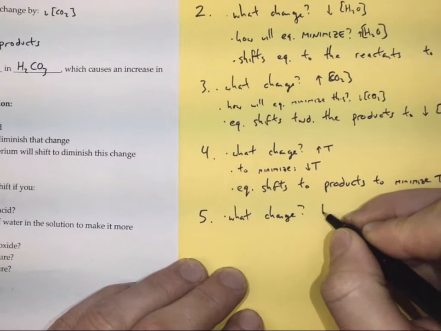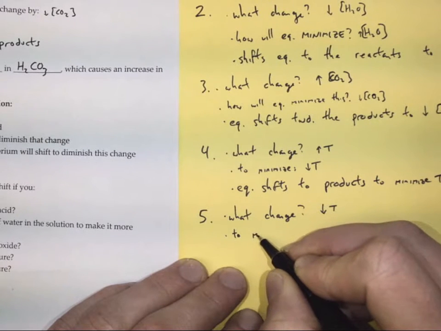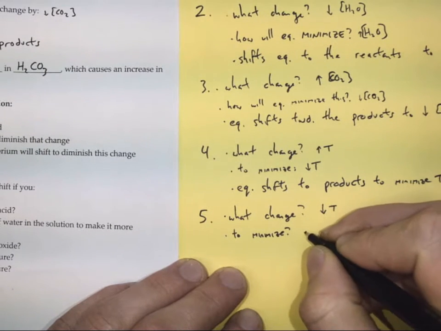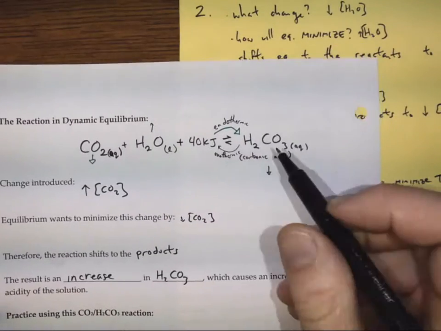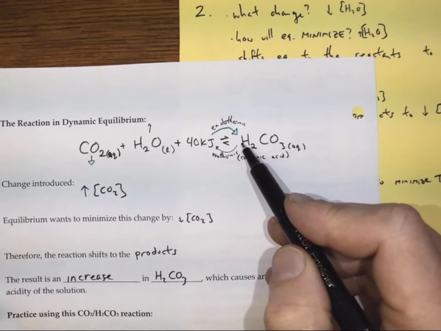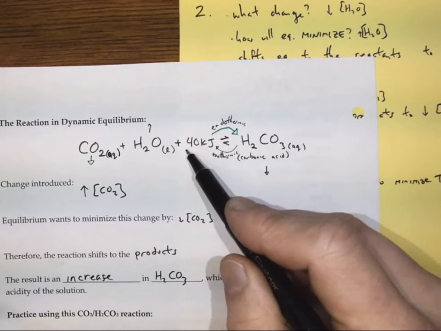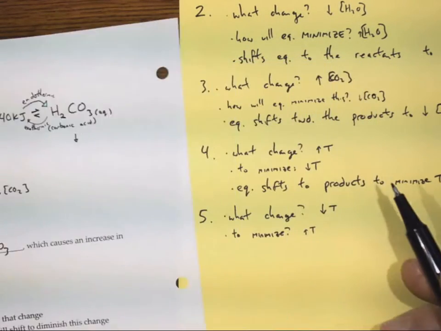Well, that's a decrease in temperature. So how are we going to minimize that? Using Le Chatelier's principle, that means we'll increase the temperature if we can. And to increase the temperature, that means we need to go the exothermic direction, taking products and forming them into reactants to release that energy, that 40 kilojoules for every mole we have, back into the system.